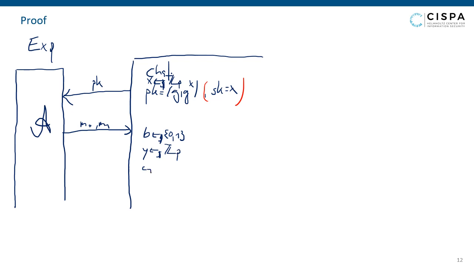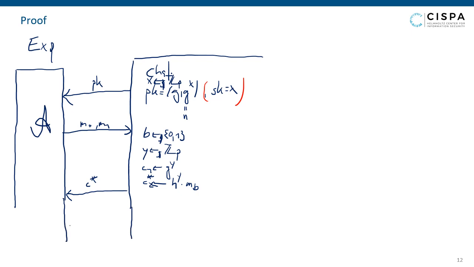Then we compute C1 as G to the Y and C2 as H to the Y times MB, where this is H. This is C ast, and we give this C ast to the adversary.